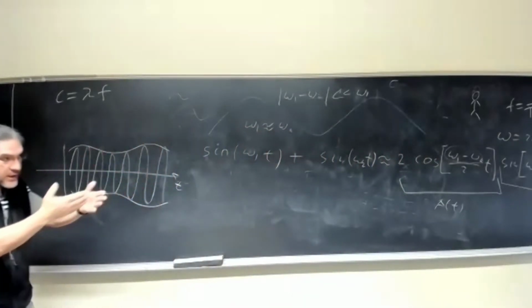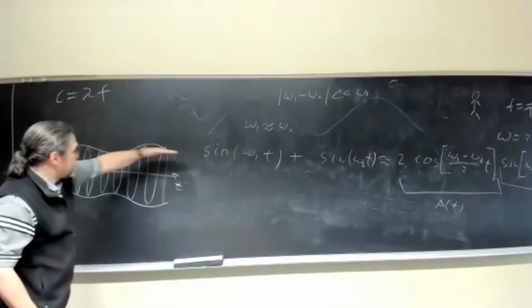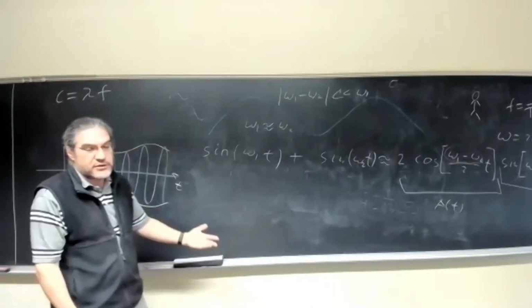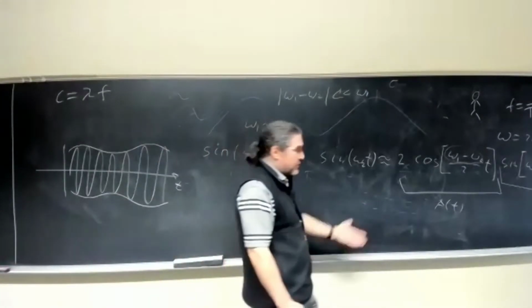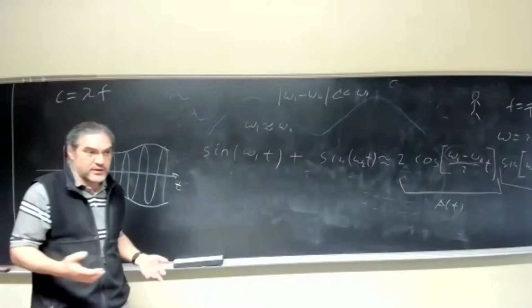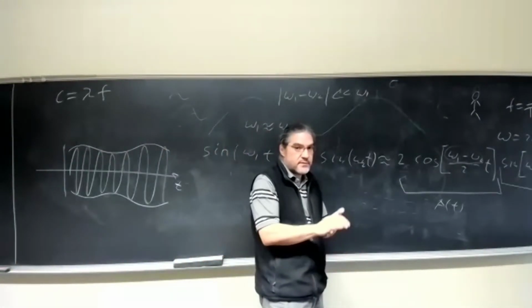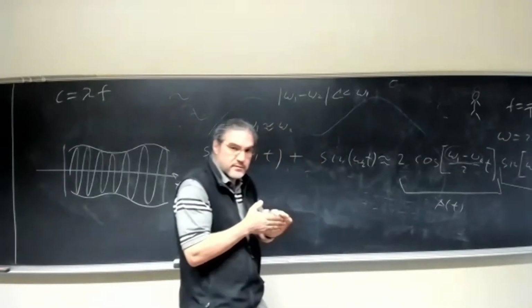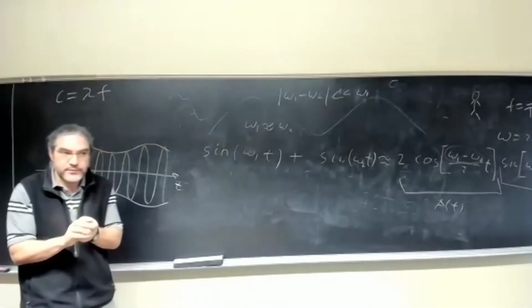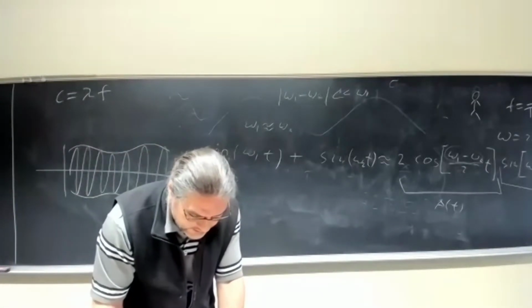And when omega 1 equals omega 2, cosine of 0 is just 1, so you have exactly the same amplitude, and the amplitude does not change with time. So that's exactly the superposition of sound which you actually use to tune your guitar. Does that make sense? That makes sense. All right, good.